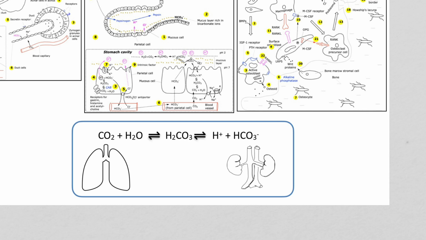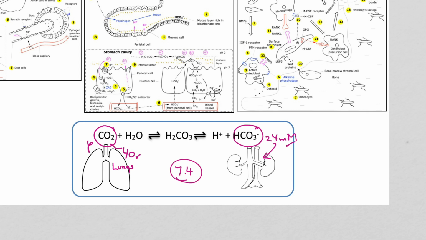For now, enough to say that this part of the equation is taken care of by your lungs, that is your PCO2, partial pressure of carbon dioxide, while your bicarbonate is in millimolar. So this PCO2 is roughly around 40 millimeters of mercury, and this is roughly about 24 millimolar. In a normal person, as long as this number is around 40 and this is around 24, we will get a pH of 7.4.